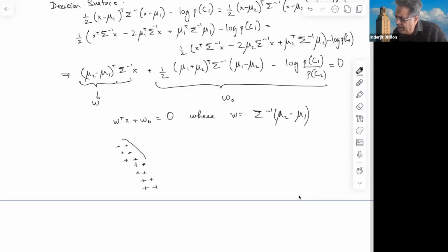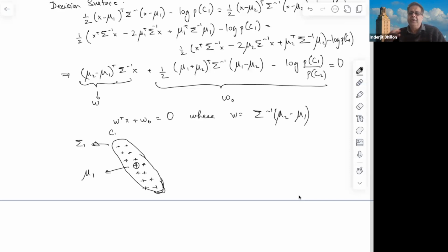You can think of this as an ellipse. I mean, it is an ellipse. Let's say this is C1, with mean mu1. The fact that this is an ellipse is captured by it not having a spherical shape.